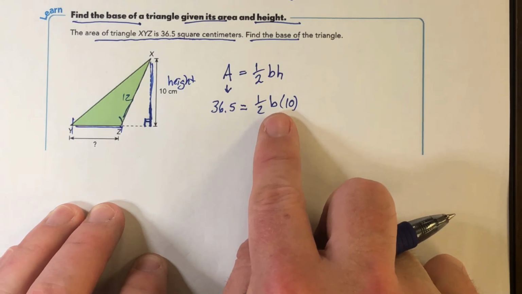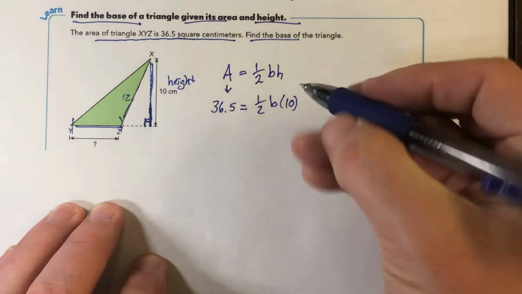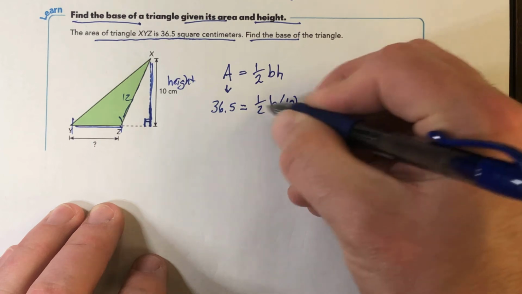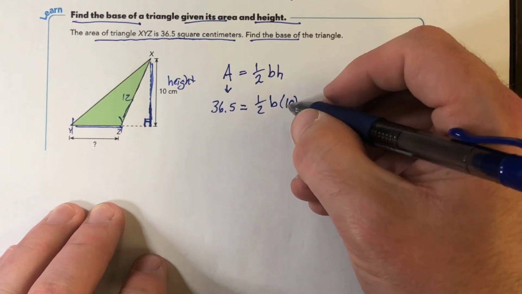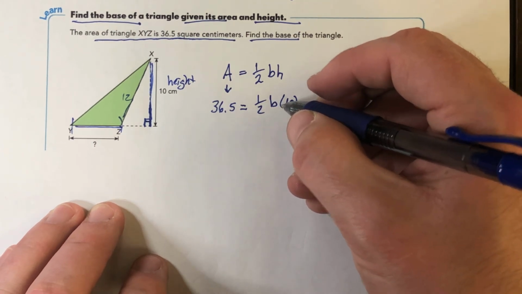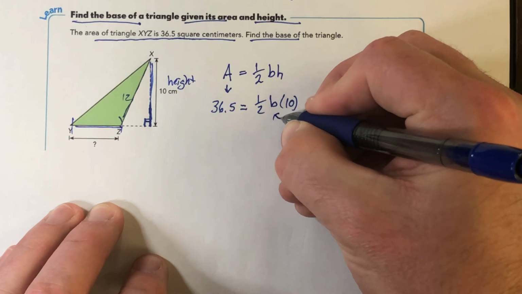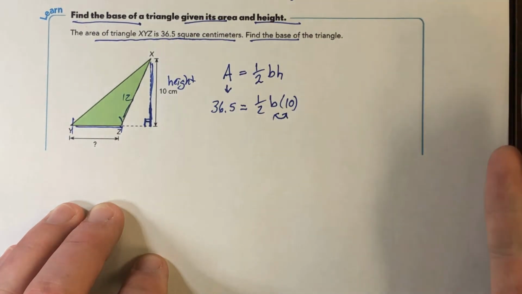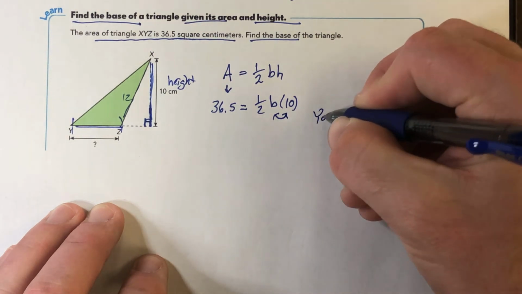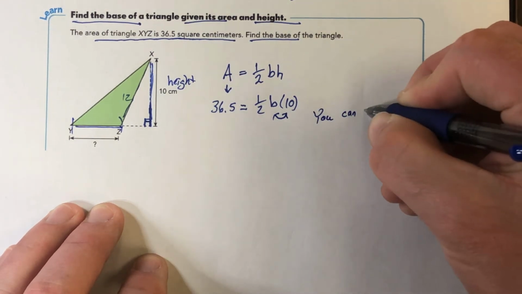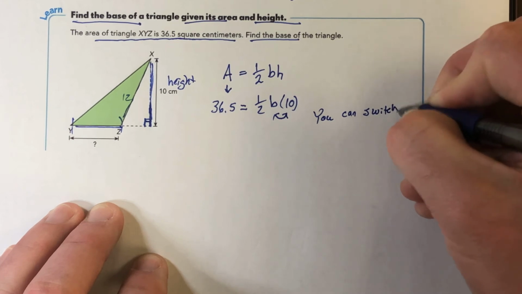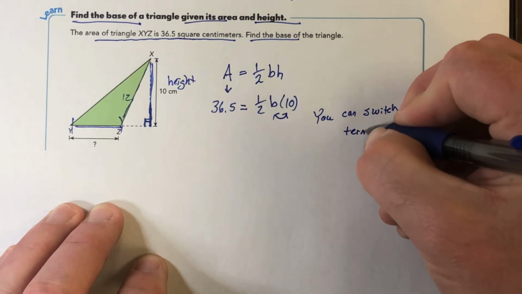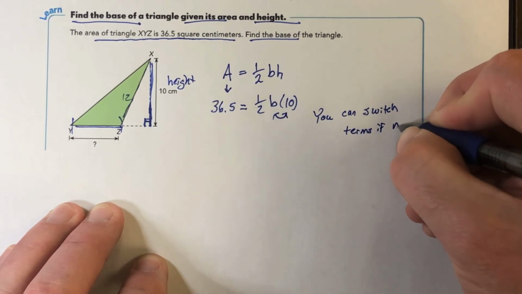Okay. You can solve this just like this. Or if it makes you uncomfortable with that letter being in the middle, I don't know why you'd be uncomfortable. Like, it's weird. It's just a letter in the middle. You could, because multiplication is commutative, meaning you can multiply in whatever order you please, switch these, rearrange them, if that makes you feel more comfortable. So just going to note, you can switch terms if needed.